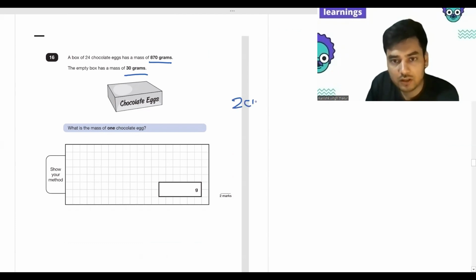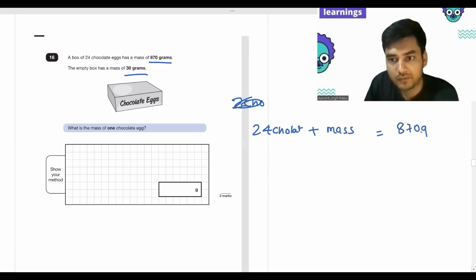So 24 chocolates it was having, right? Plus the mass of the chocolate box, isn't it, is equal to 870 grams, isn't it? So 24 chocolates plus the mass of the box, 30 grams, isn't it, equal to 870 grams, right?